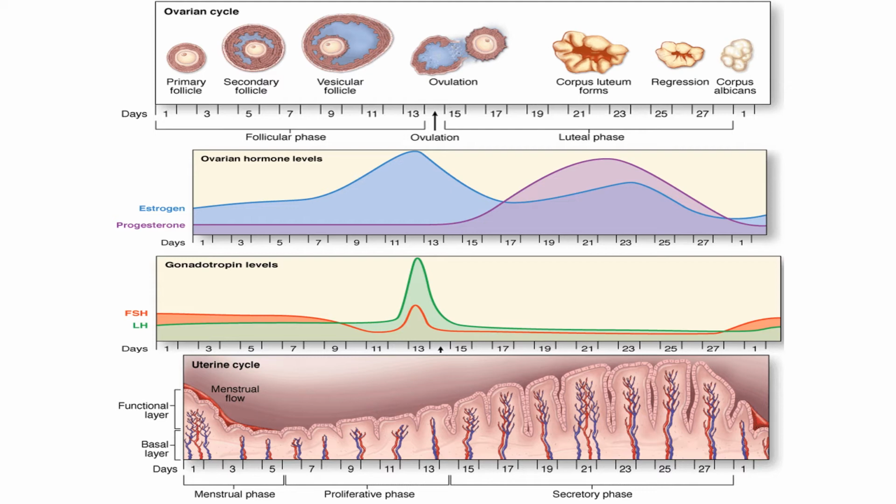So from 14 days onward up to 28 days, this phase is under the influence of secretion by the temporary endocrine organ, the corpus luteum. Because of luteinization, the granulosa lutein cells produce progesterone.